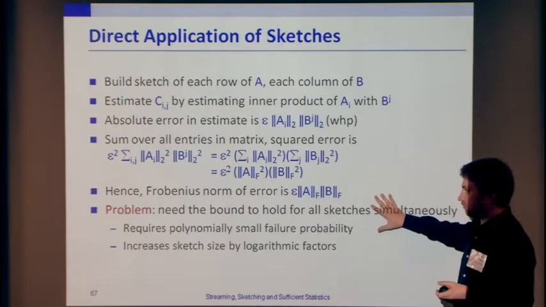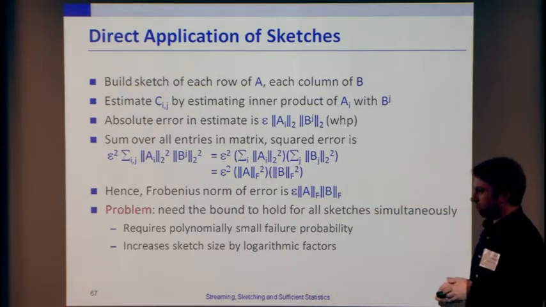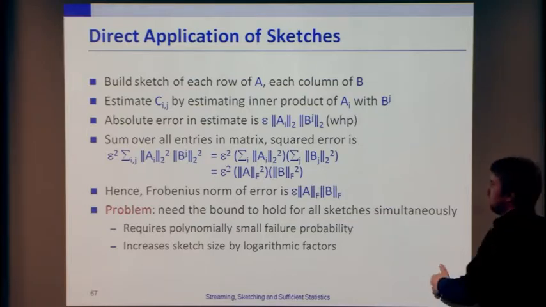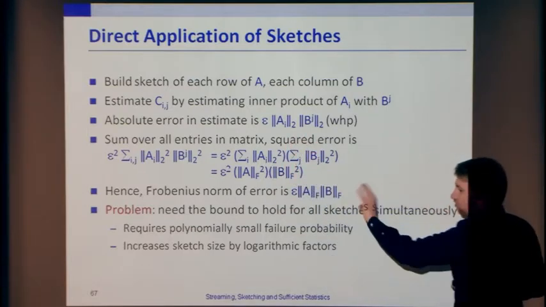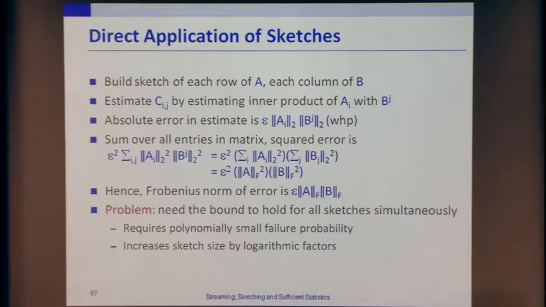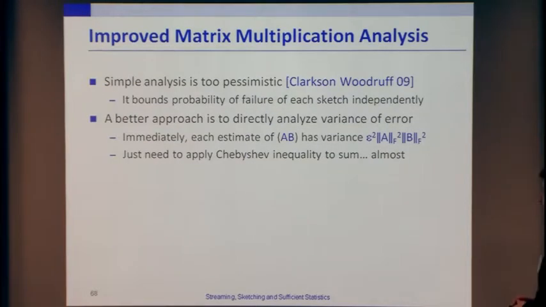We shouldn't need that sort of union bound, really, because in some sense we might have some positive errors on one entry, some negative errors on another entry. These things should not add up so adversarially. So in fact what you can do is instead of looking at the error on each entry, bounding that, and then summing those bounds, you can instead write a random variable that's the sum of the errors over all entries, and use the technology we have, just apply a variance Chebyshev bound once.